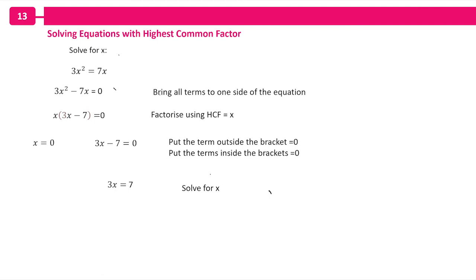Bringing our minus 7 to the other side of the equation gives us 3x equals 7. From here, we will divide both sides by 3. This leaves us with x equals 7 over 3. Our two answers are x is equal to 0 and x is equal to 7 over 3.